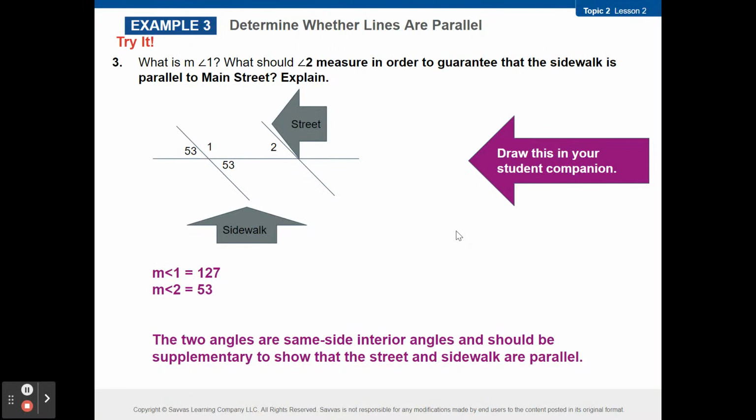As long as they are supplementary, we're set. All right. Any questions on this?